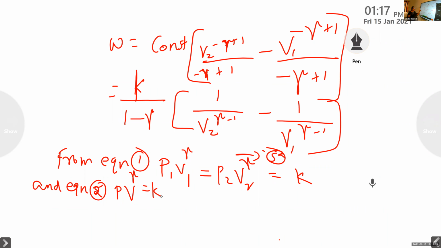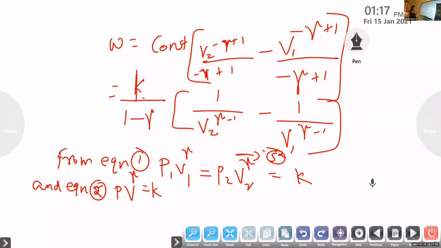These are the two equations we are combining, and instead of this K, we are substituting. That is the only thing. We have already written at the beginning of the derivation, PV gamma is equal to K. In terms of changing volume, it becomes P1 V1 gamma and P2 V2 gamma. All three are equal to a constant. That is the only idea we have. Now, instead of this K, we can substitute the corresponding constant for the corresponding volume.